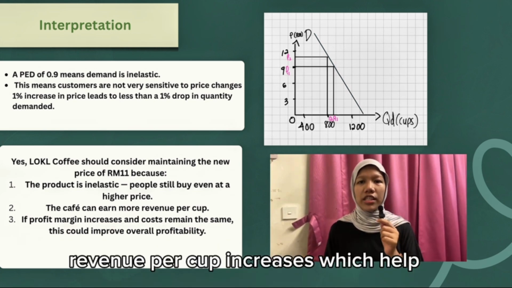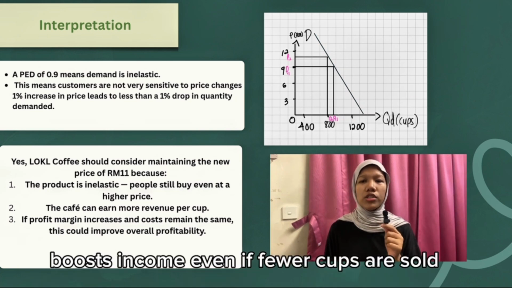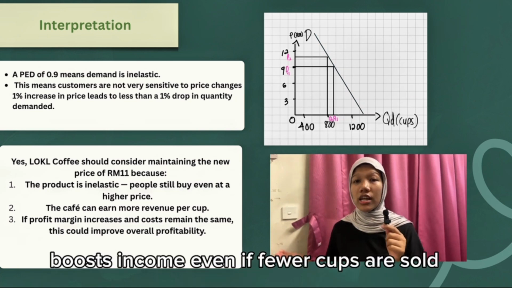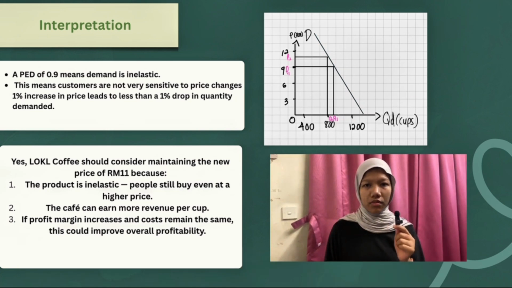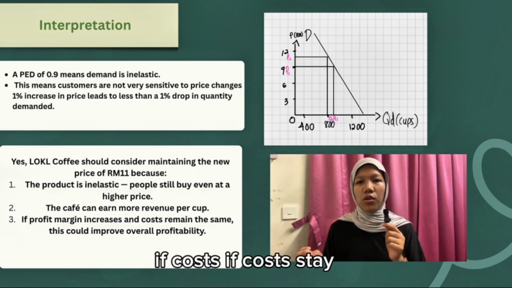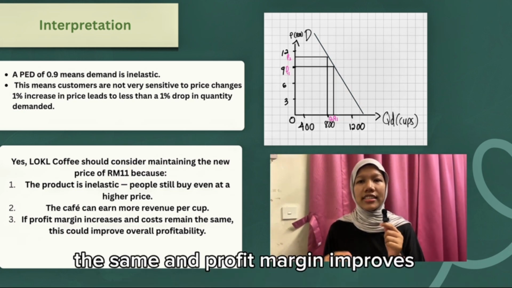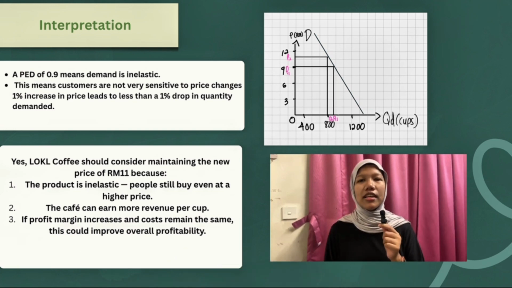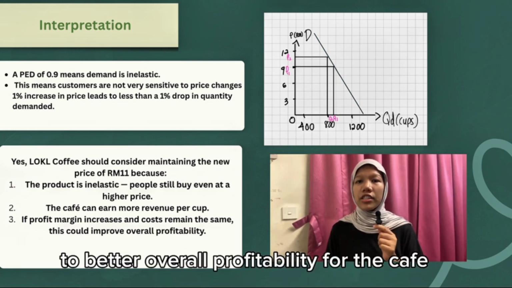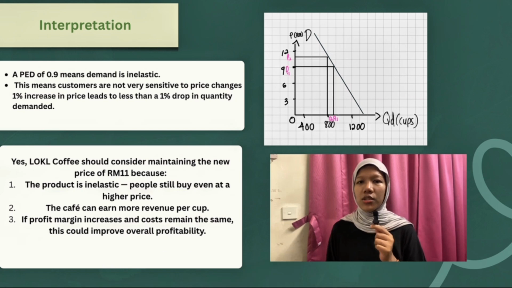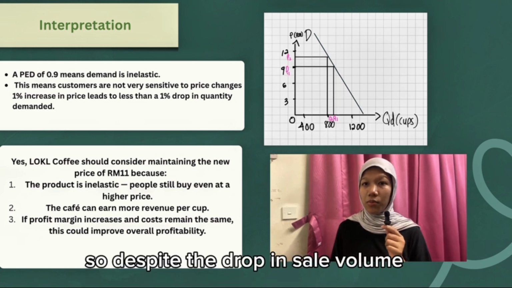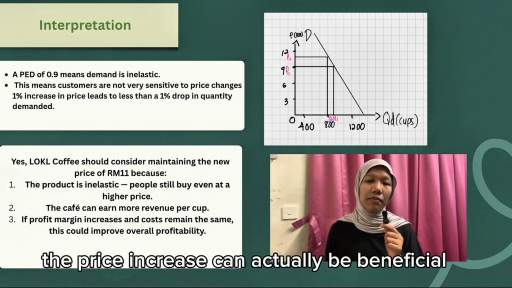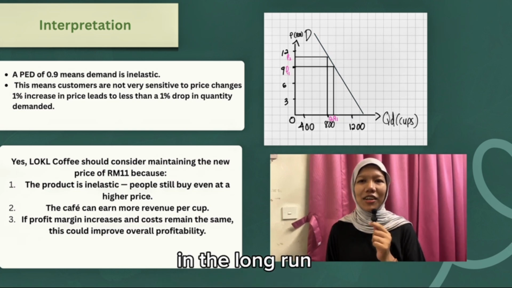Revenue per cup increases, which helps boost income even if fewer cups are sold. If costs stay the same and profit margin improves, this could lead to better overall profitability for the cafe. So despite the drop in sales volume, the price increase can actually be beneficial in the long run.